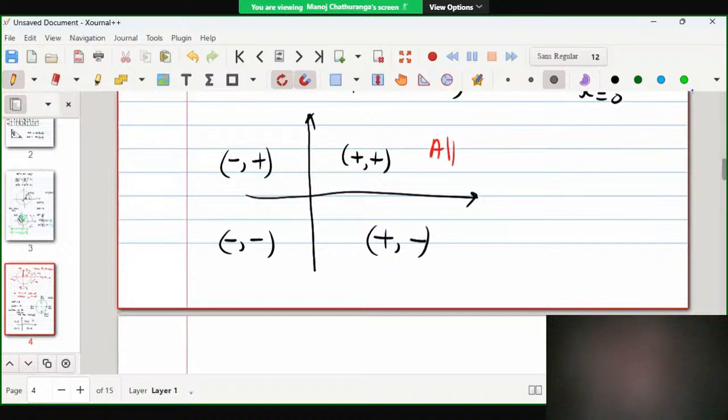Then in the second quadrant, the x coordinate is negative. That means cosine values must be negative, but the y coordinate is positive. Y means sine theta. In the third quadrant, both are negative.